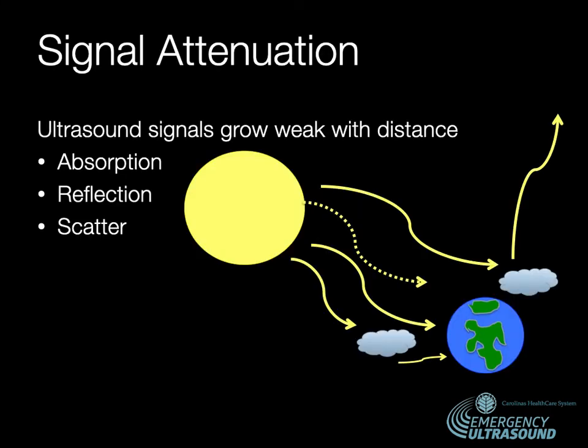One of the first things that we see is signal attenuation. Ultrasound signals will grow weak as they travel over a distance. Some of these signals are reflected back, some bounce off of other materials such as gas and scatter, some of the energy is absorbed, and some is just attenuated or diminished as it passes through a medium.